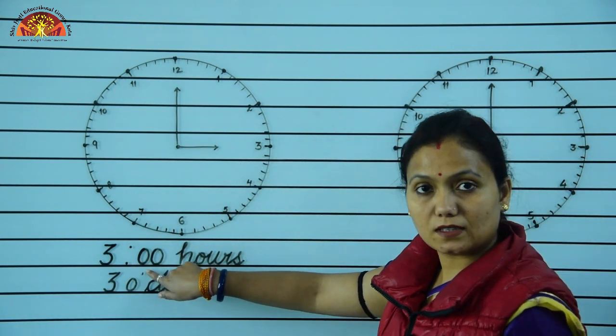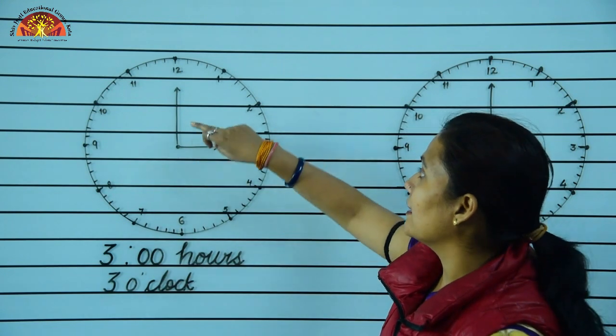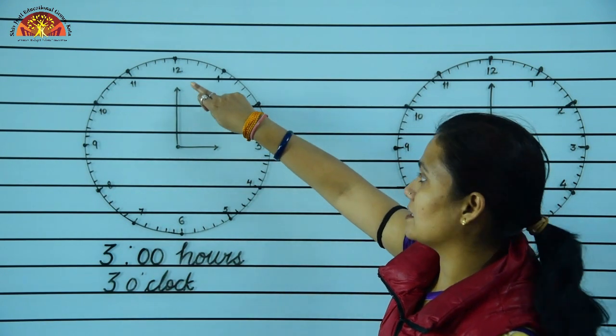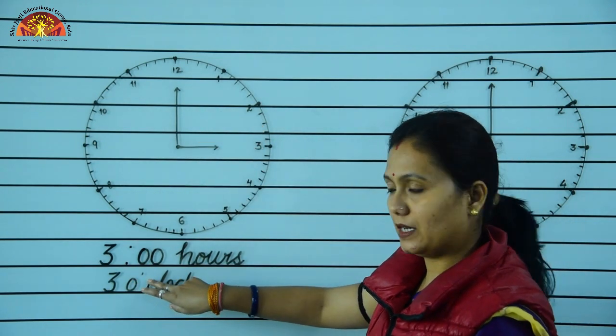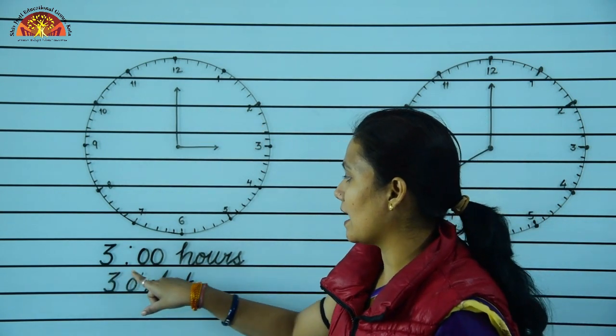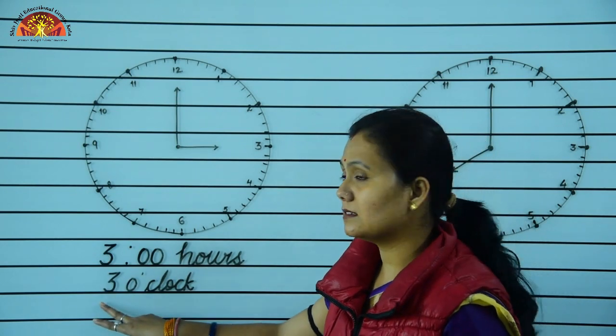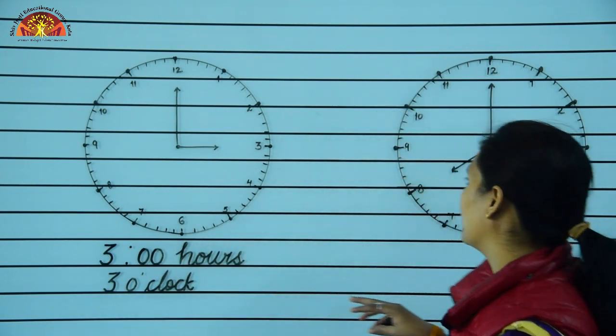So this 00 represents that if the minute hand is at 12, the minutes are 00. So this is 3 hours and this is 3 o'clock.